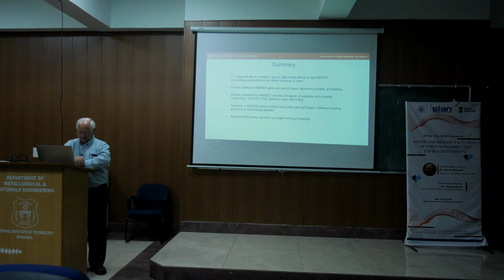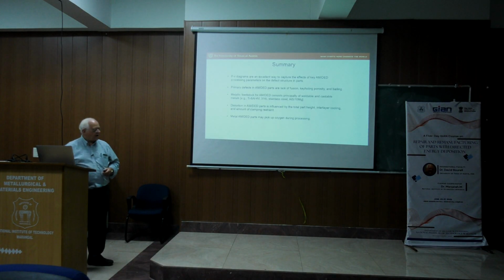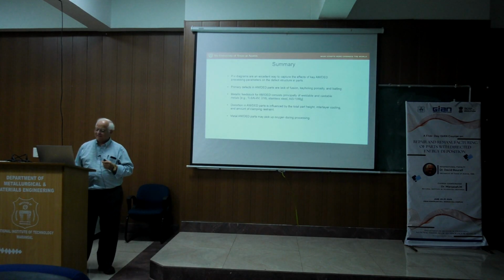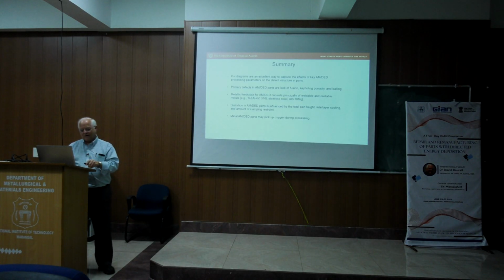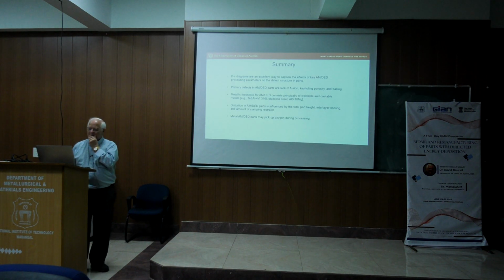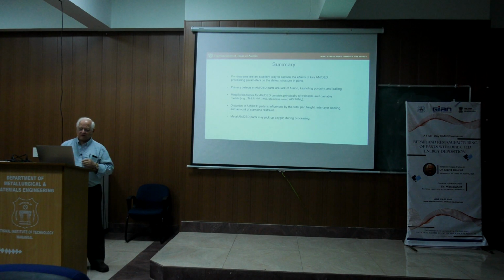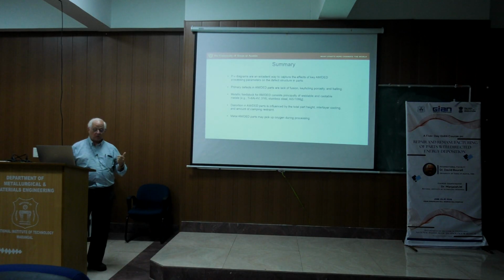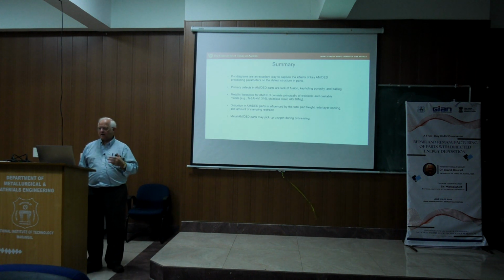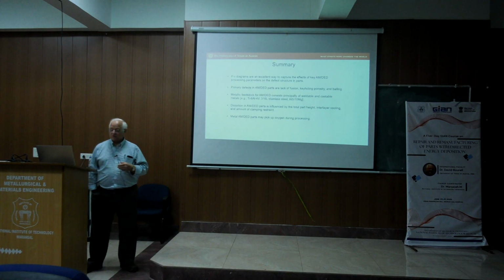Okay, so with that, I guess I'm ready to summarize this part of the talk with the following observations. I think these are the takeaways. One, the PV diagram is really an excellent way to capture the effects of the key processing parameters on the defect structure of parts.